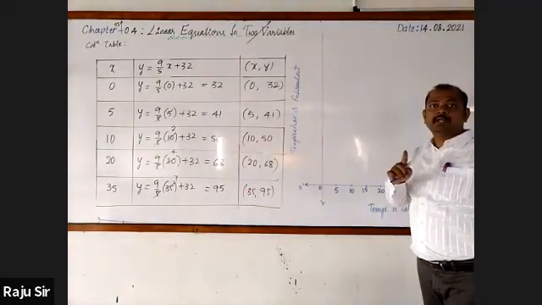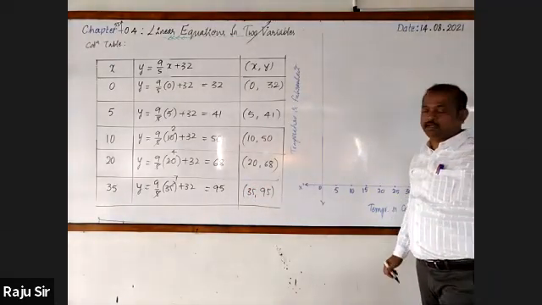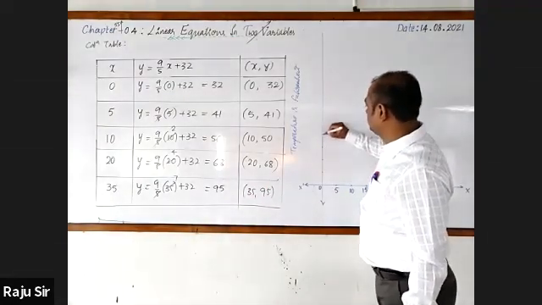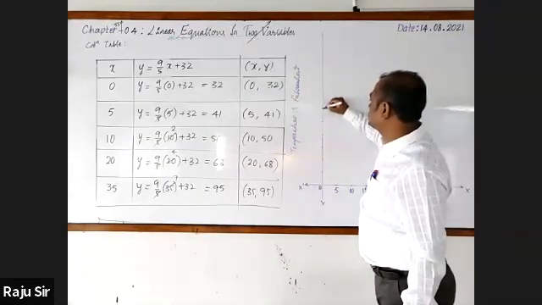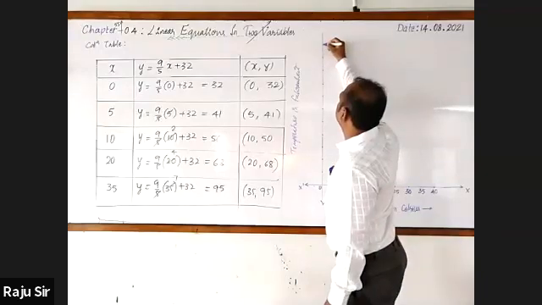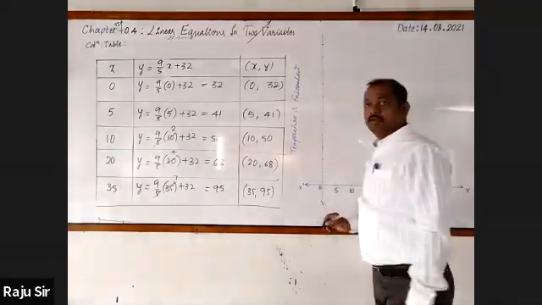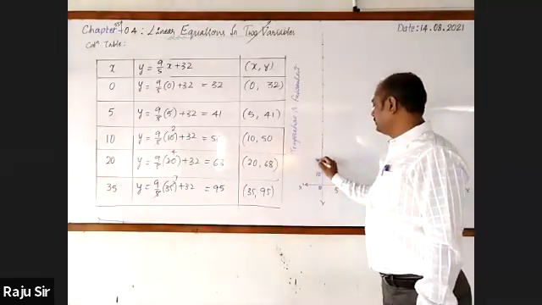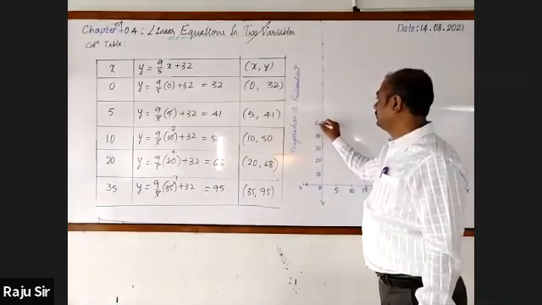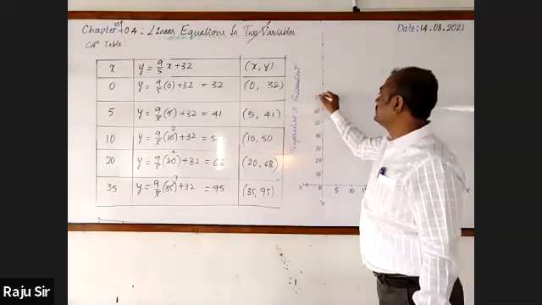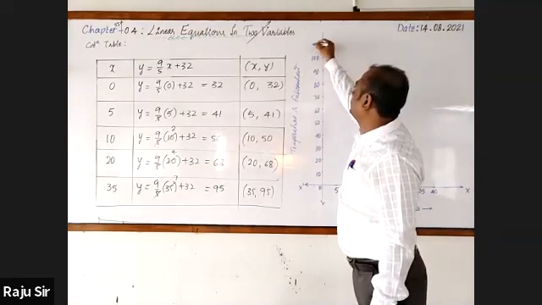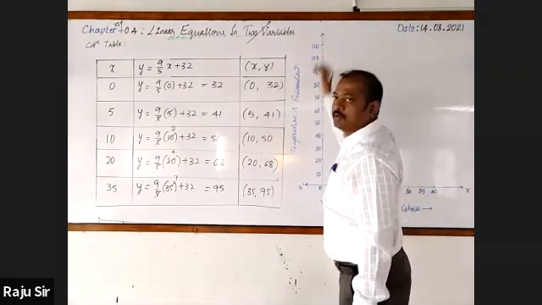Third, 1 centimeter is 10 degrees Fahrenheit. Right. 10, 20, 30, 40, 50, 60, 70, 80, 90, 100, 110, and so on.